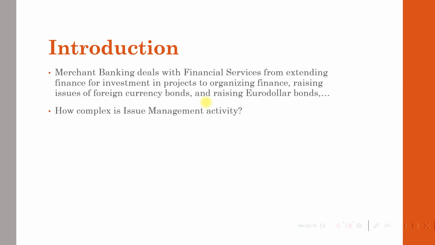Now let us see how complex issue management activity is. Issue management activity has a huge stake in the market's integrity because it affects investors' interest, and as such, transparency should be ensured. On a separate note, compliance is also enforced and monitored throughout this process. To know more about the first move to start merchant banking services, there was the placement of the Banking Commission in 1972.